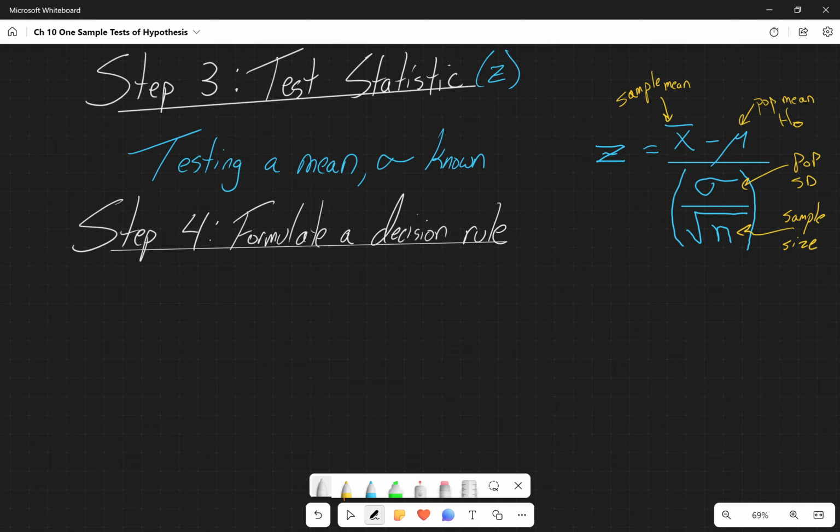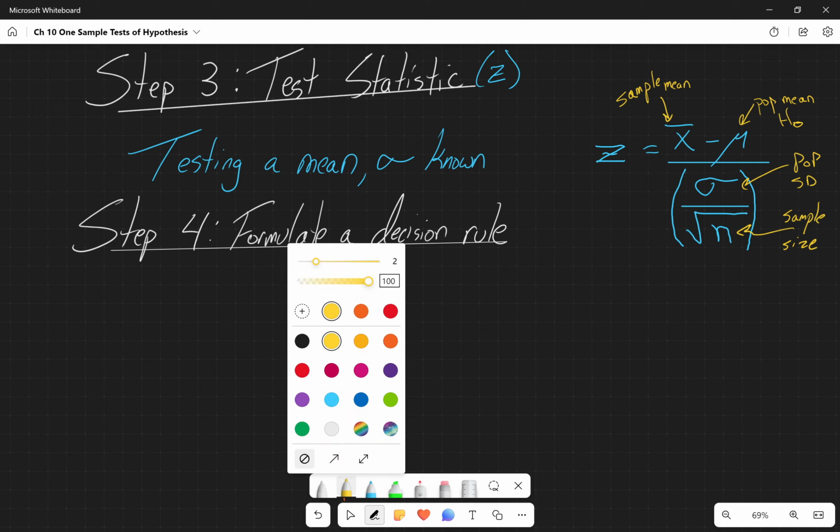So step 4 is about specifying the conditions under which the null hypothesis is rejected and the conditions under which it is not rejected.